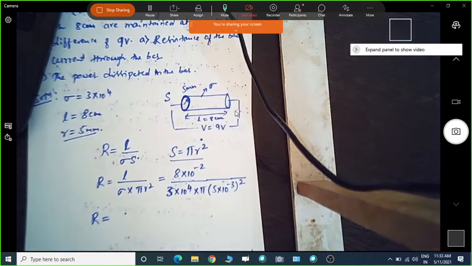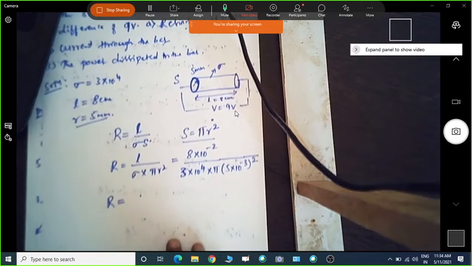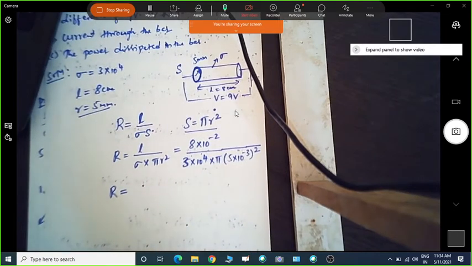You can find out the value of the resistance. What is the value of resistance?